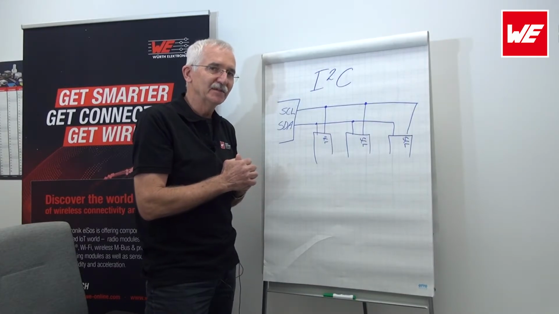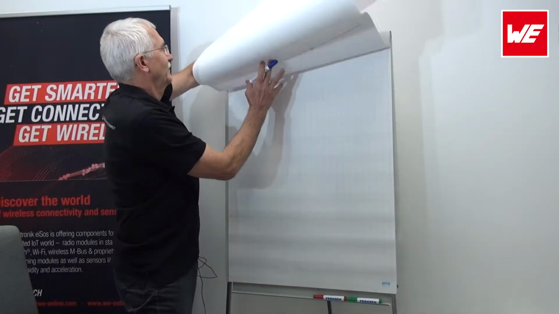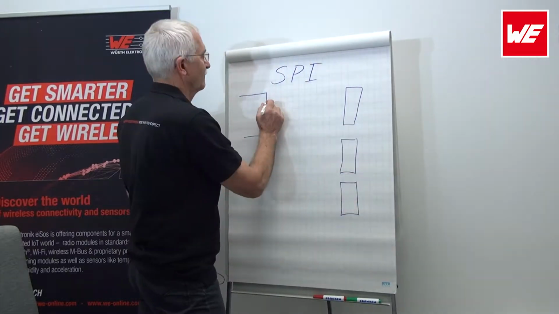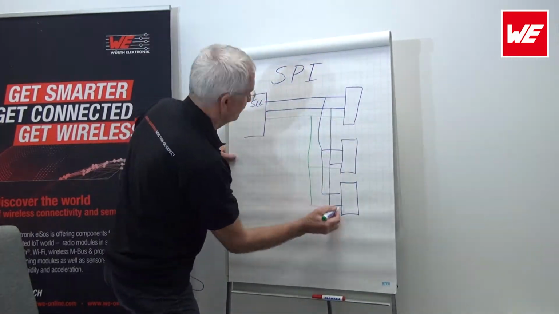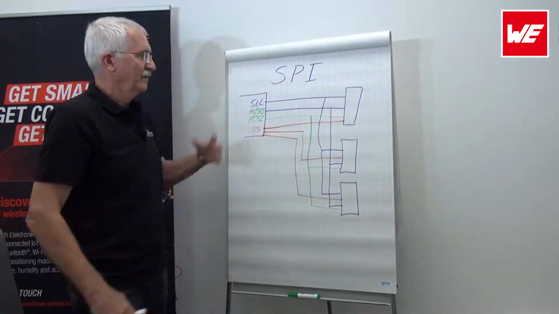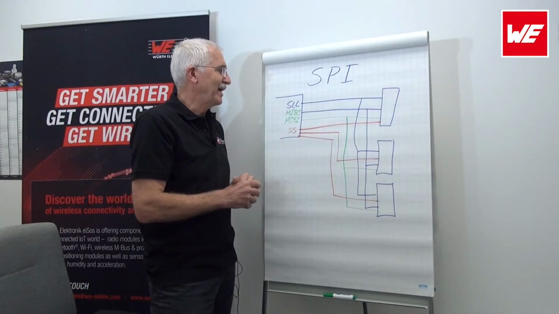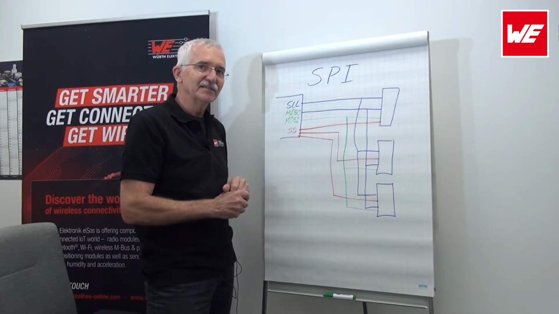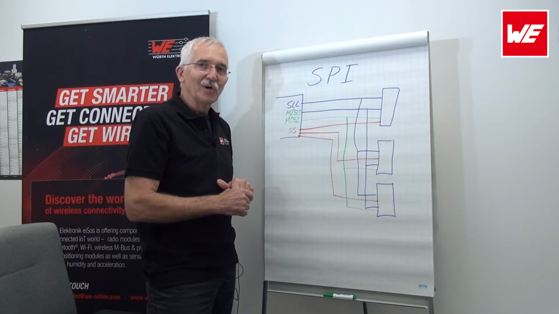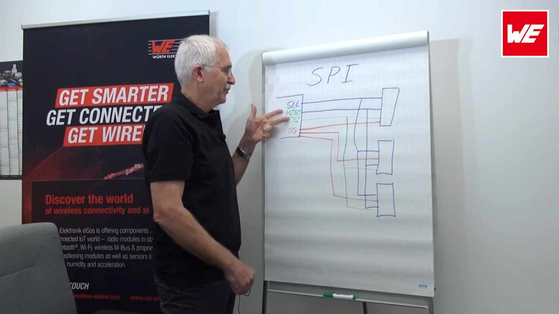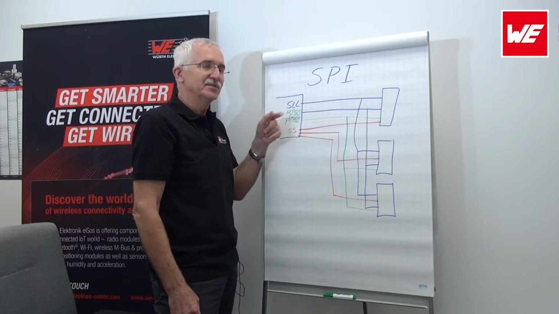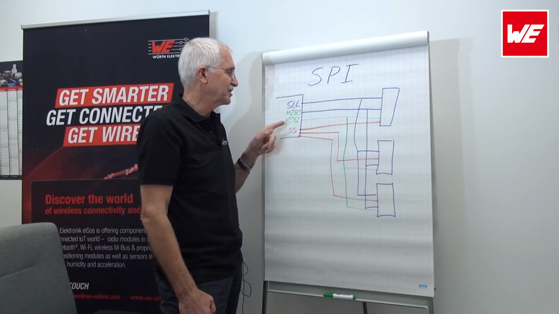Let's have a look at the SPI. For the SPI, we actually make use of four lines at least. The clock line, once again, connecting all the slaves, but we have two lines for the data, master in slave out and master out slave in.